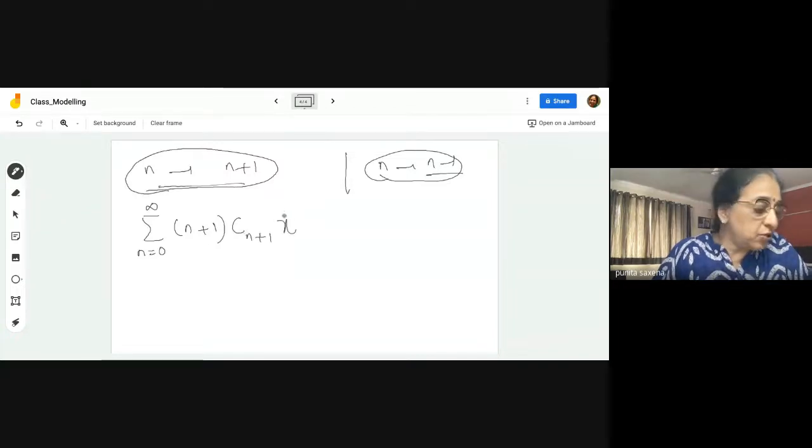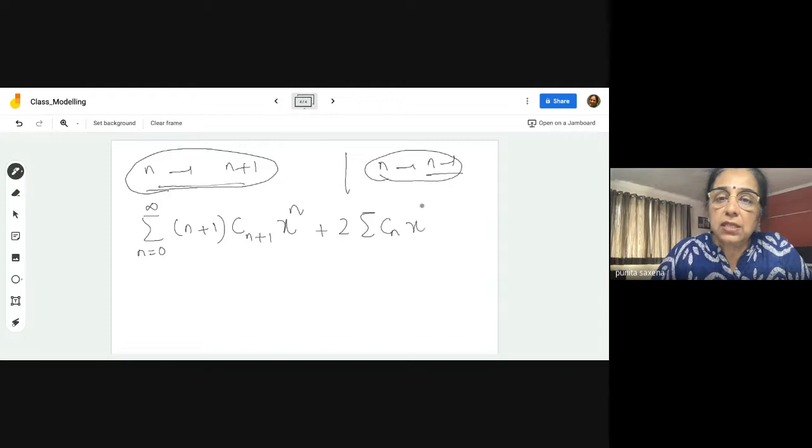Then it was x to the power n minus 1, so since we are changing n to n plus 1, your n minus 1 gets changed to n. So this becomes your first term now. The second term was plus twice summation Cn x^n, n varying from 0 to infinity, equal to 0.